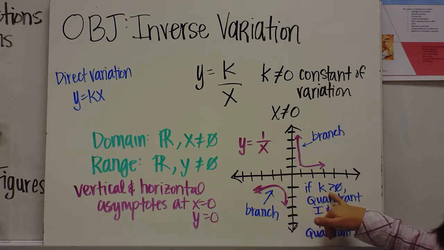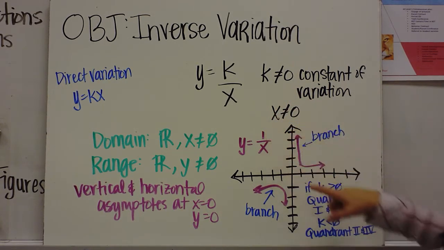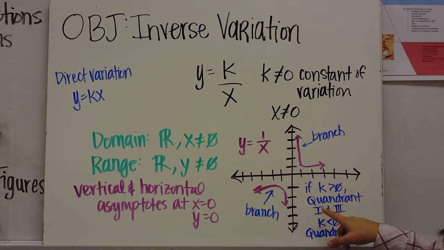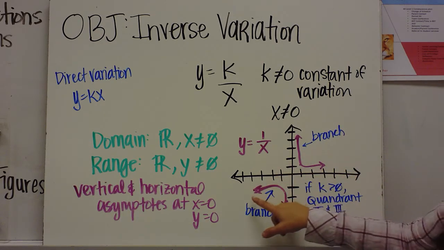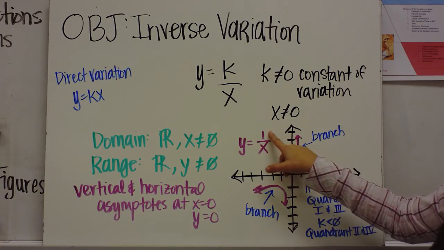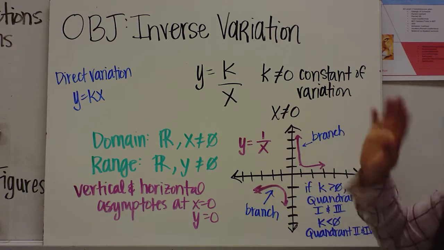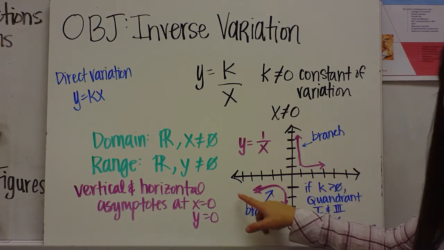If k is greater than 0, so this value right here, k, in this case k is 1, then the graph is going to be in quadrant 1 and quadrant 4. If k is less than 0, so let's say this is a negative, then the graph is going to be in quadrant 2, sorry, I messed up, quadrant 1 and quadrant 3.